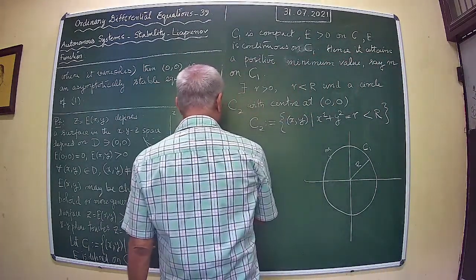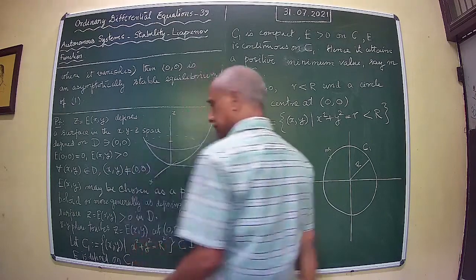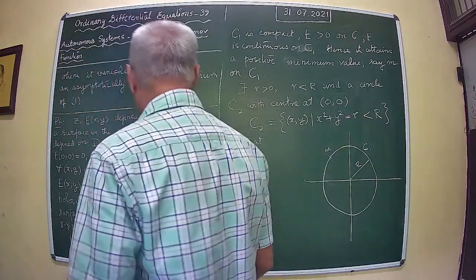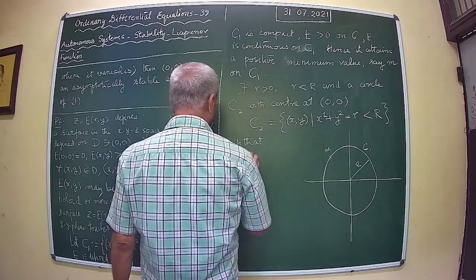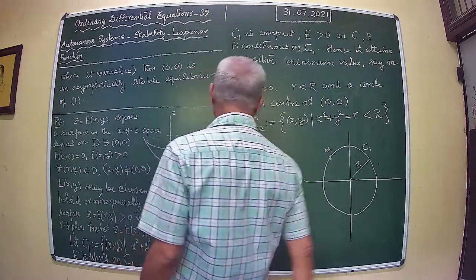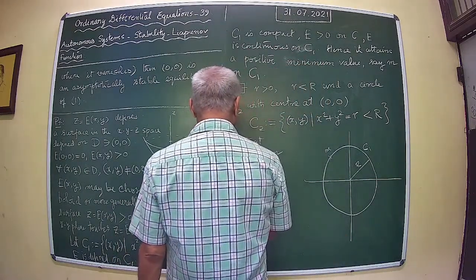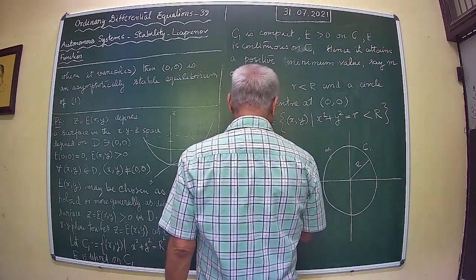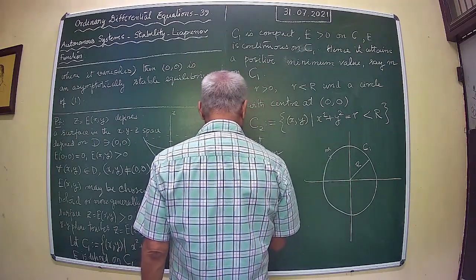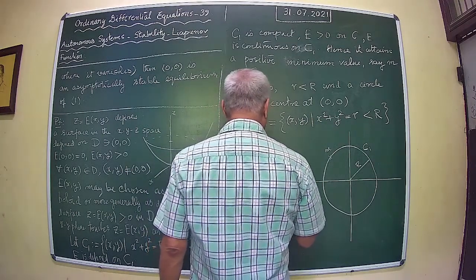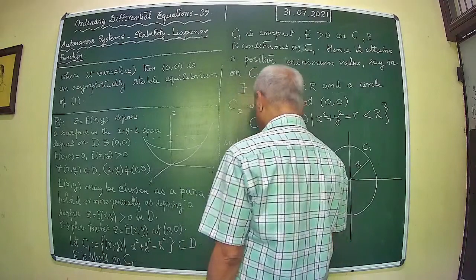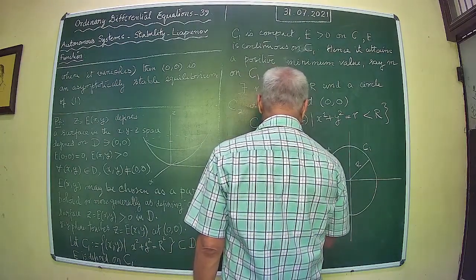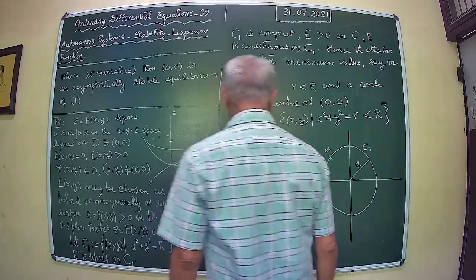Such that what we can say is that E(x,y) is strictly less than m for (x,y) in the disk enclosed by C2.